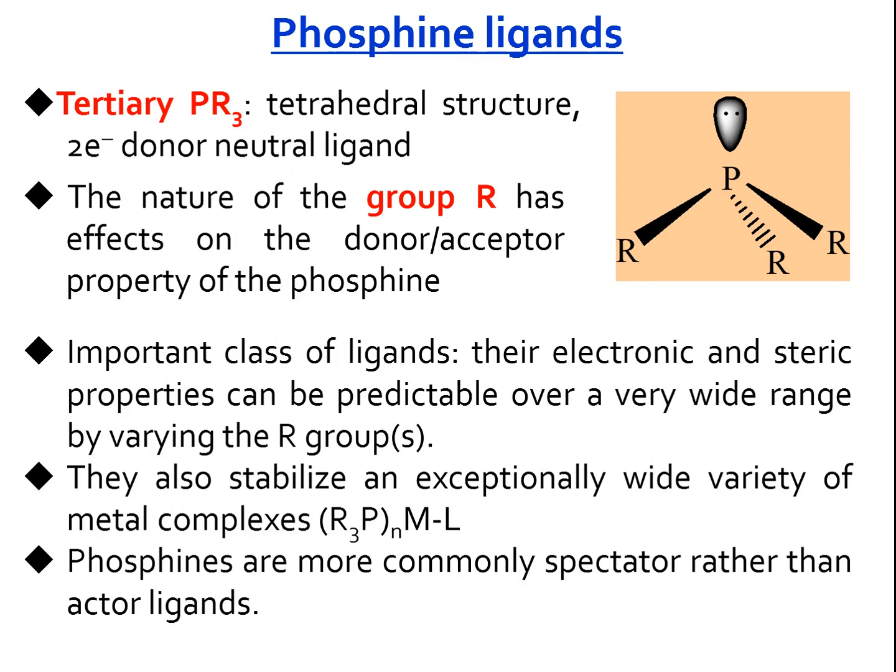For example, if we have a vacant site in the organometallic complex and we are afraid that this vacant site will be occupied by the solvent or other ligands in the reaction, we can add a bulky phosphine.